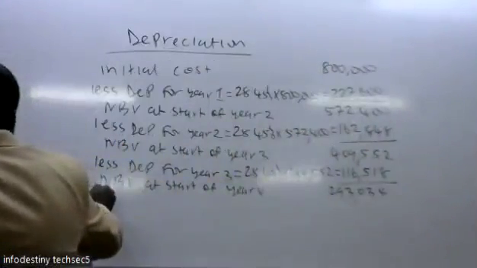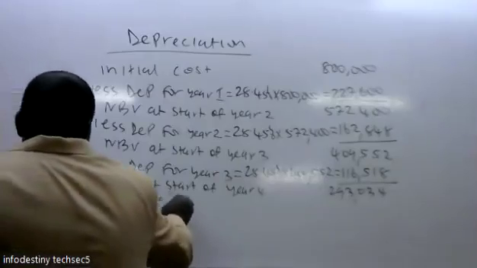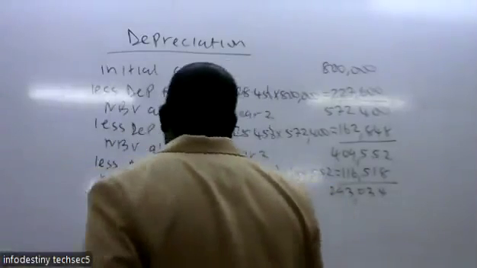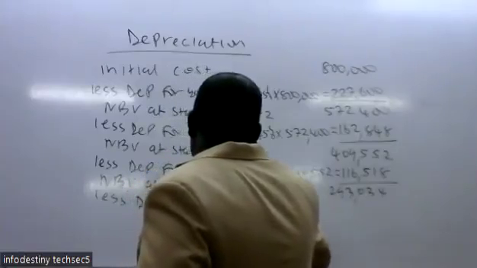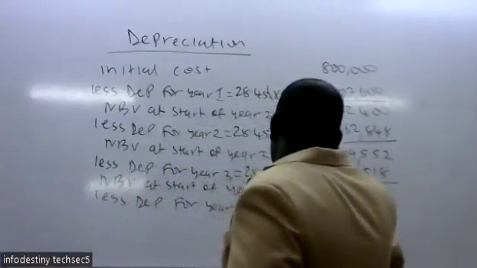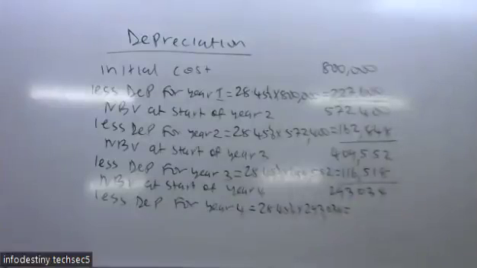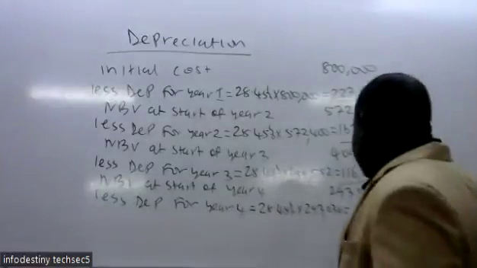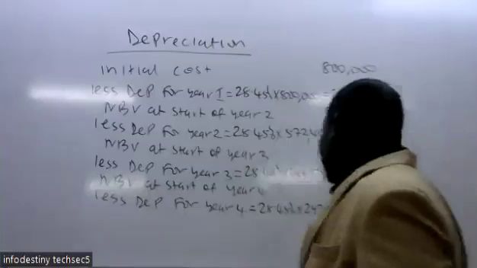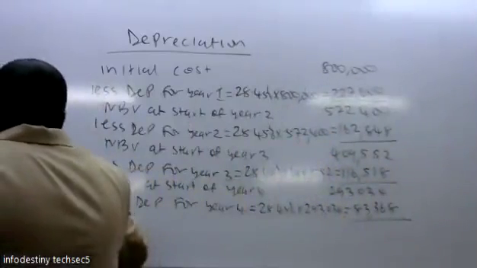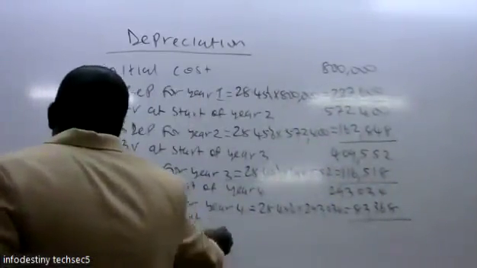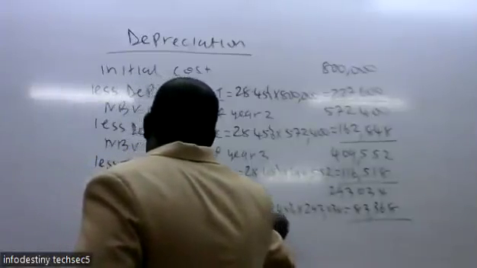Then you also less depreciation for year 4, 83,368, so that we get the net book value at the start of year 5.